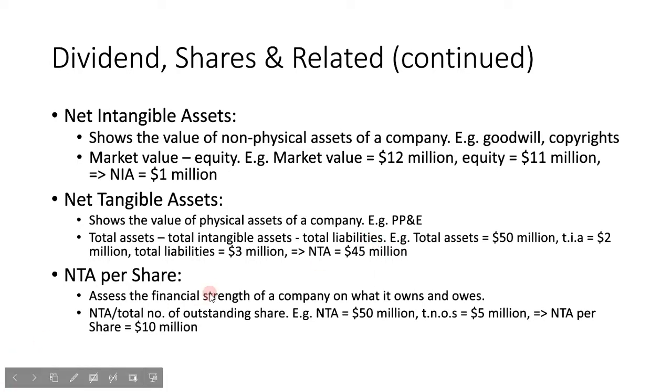So it's NTA divided by total number of outstanding shares. So it shows how much tangible asset is in a share. So let's say NTA is $15 million, and your TNOS, total number of outstanding shares, is 5 million. Your NTA per share is $3.